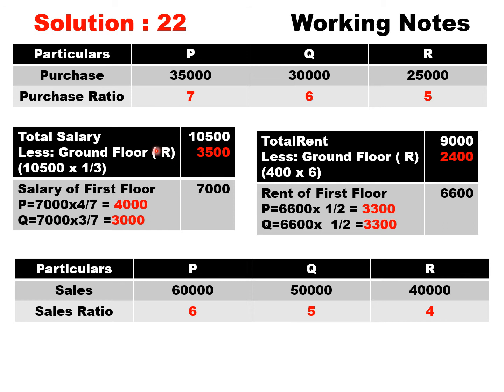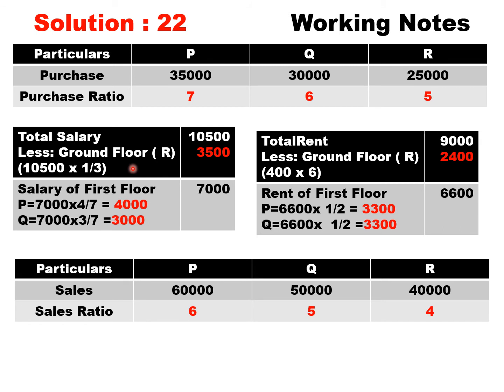Students, listen carefully regarding this working note of salary. Total salary is 10,500 and ground floor is 1/3, given in adjustment number 2. Adjustments 1 as well as 2 very clearly mention that total salary is 10,500 and ground floor salary is 1/3. That means R. Who is there in the ground floor?